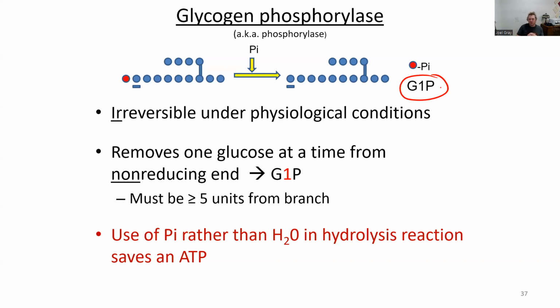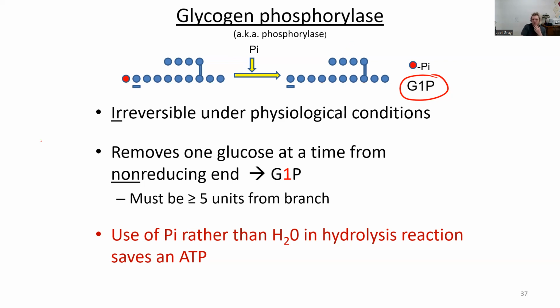Well, glucose 1-phosphate, we don't actually use that in glycolysis. We use glucose 6-phosphate. We use fructose 1,6-bisphosphate, but we don't use glucose 1-phosphate. So that molecule is going to be processed before it can be utilized for glycolysis. Now, glycogen phosphorylase's activity is irreversible.